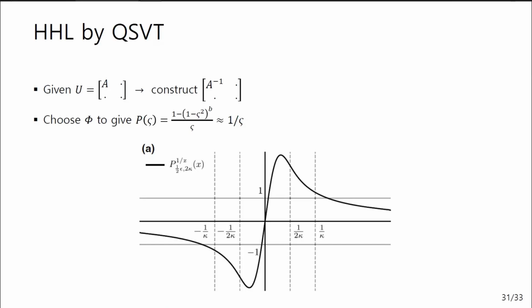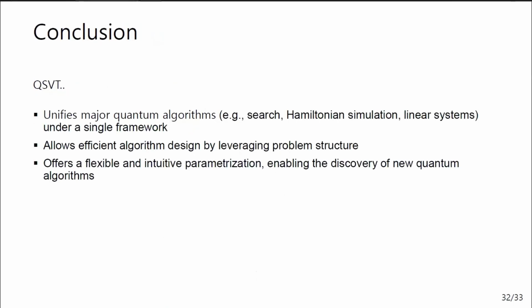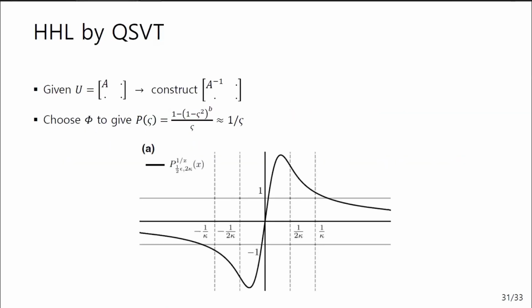And if b is sufficiently large, we can use it as 1 over sigma. You can see the graph of that function. So we can use this function to convert our singular values to their inverse.